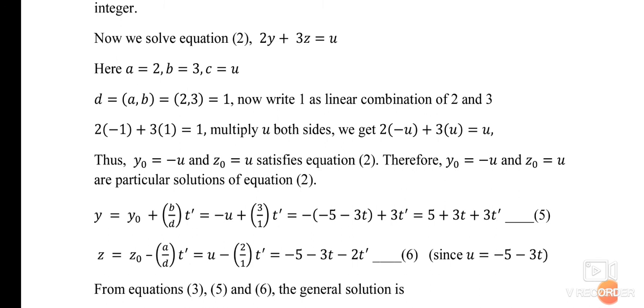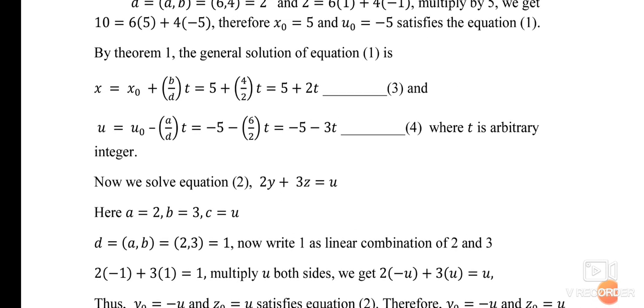General solution formula is given in theorem 1. So, we use the same formula y equal to y naught plus b by d into t dash. We already used the variable t. So, here we take t dash. We know y naught is minus u, plus 3 by 1 into t dash. Now, substitute u value.